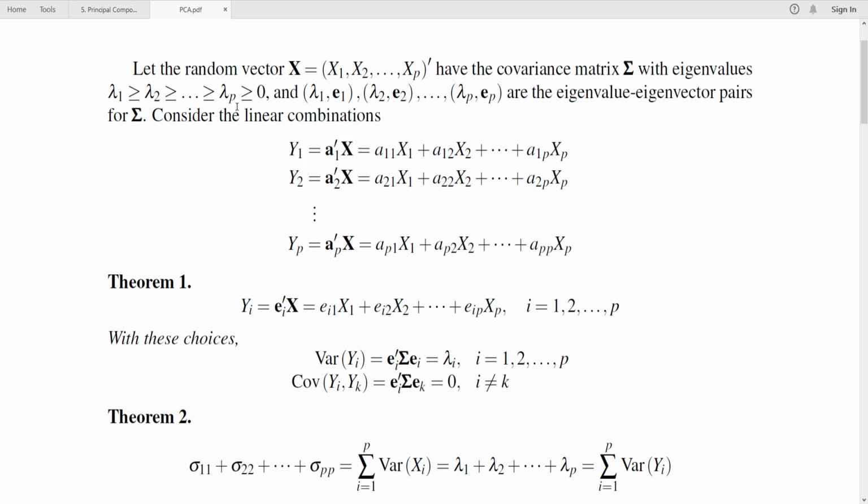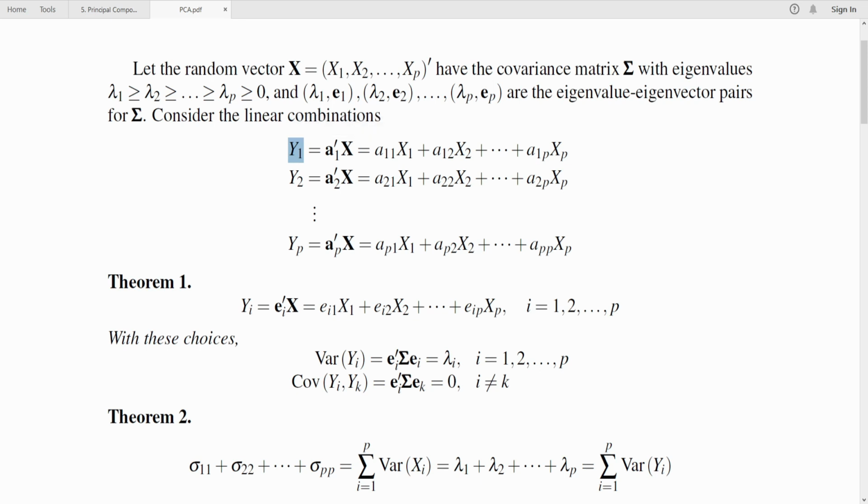But what we said is that we want these principal components to contain as much information as it is possible for a linear combination of those variables to contain. What it actually means is that we want the variance of this linear combination to be as large as possible.